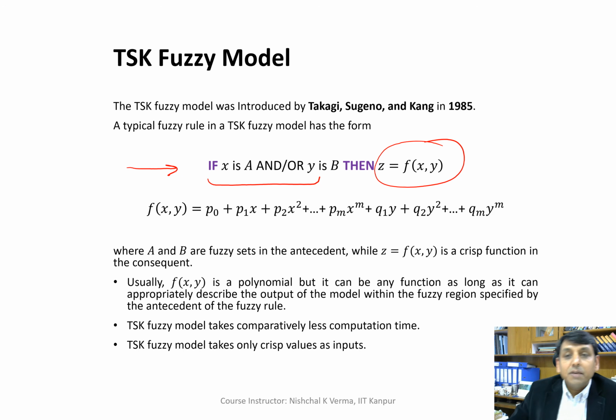What we have to remember is that in the TSK fuzzy model, the consequent part has the output always in the form of a polynomial, in terms of the inputs that are fed in the premise part.